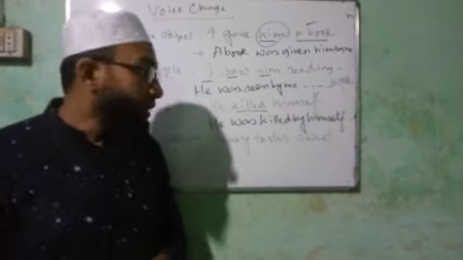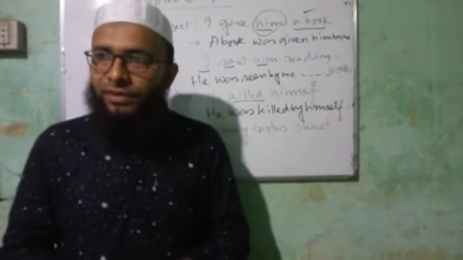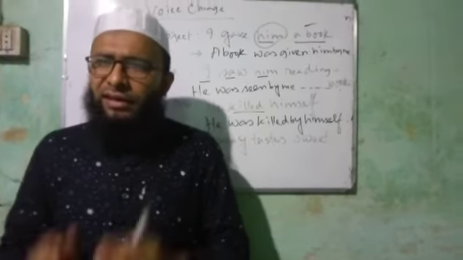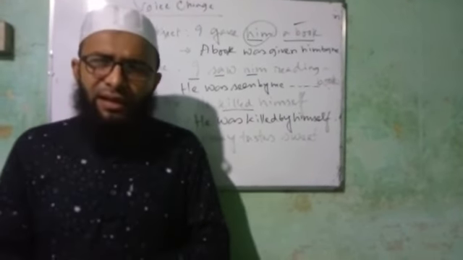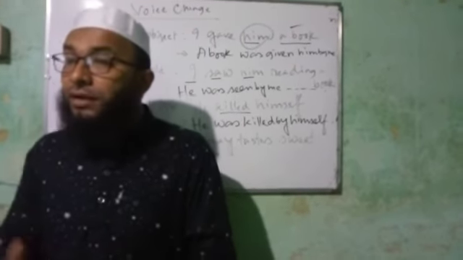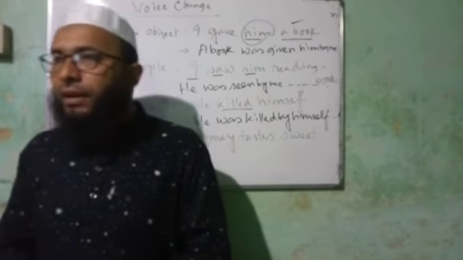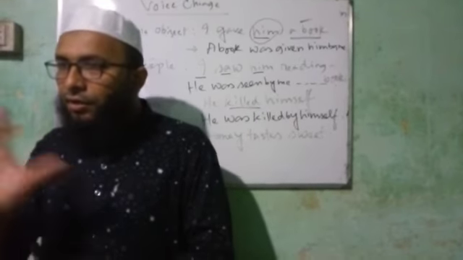Done. Okay, the next one, which is very difficult for students, we have to change it. It is cohesive. Cohesive seems something new to most of the students because most of them may not have heard about cohesive. Cohesive in Bengali means half passive, ordhek passive.